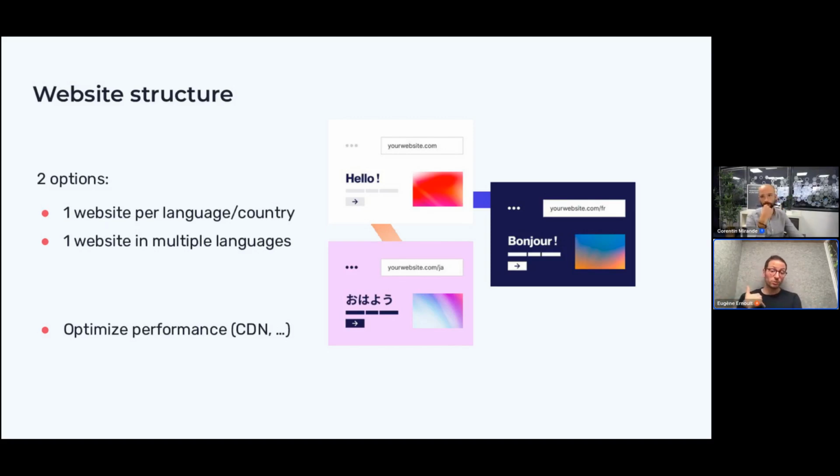Of course, it's not what we do at Weglot, but it would make more sense for you. The downsides of it is you need to maintain several websites and continue to add content to each of them, and it's very time consuming. The other option, and what we of course do at Weglot, is to help you have one website and display that website in multiple languages.